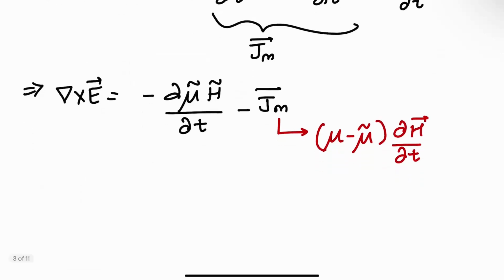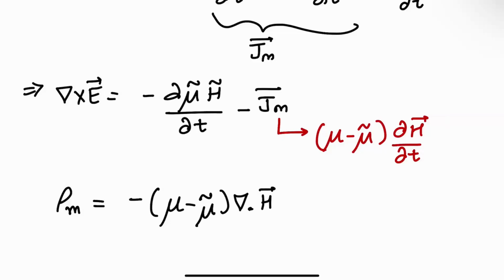Similarly, I can derive rho_M as minus of (mu minus mu tilde) times the divergence of H.